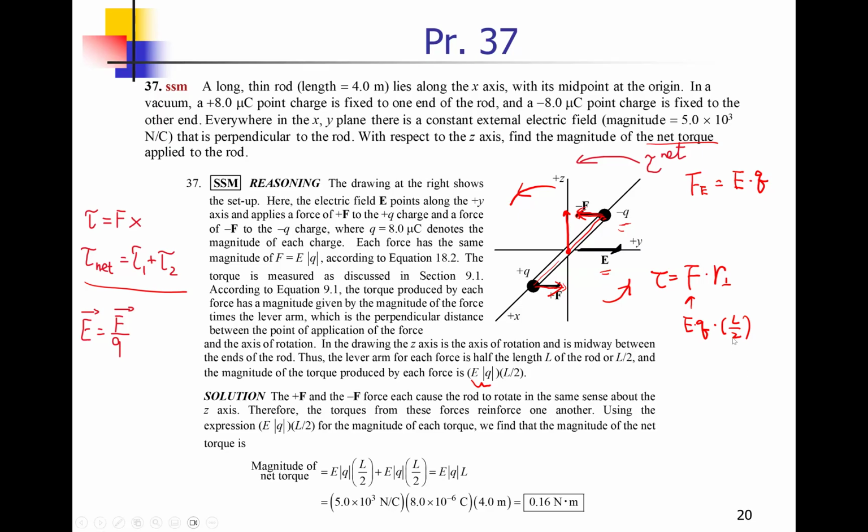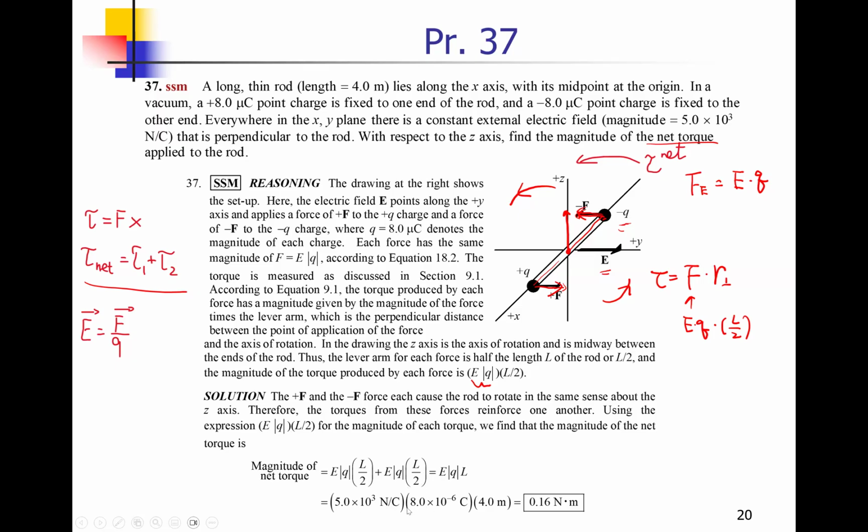That's why EQ times L over 2. But you have to add this torque to this torque. So the magnitude of the net torque will be equal to EQ times L over 2 plus EQ times L over 2.